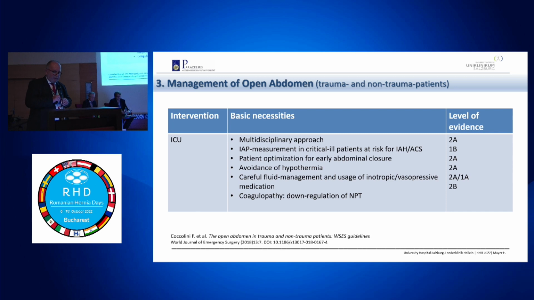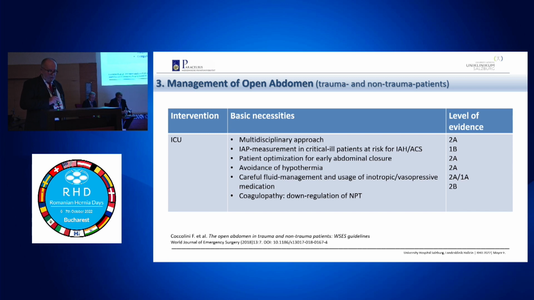Management of open abdomen is mainly due to the possibilities you have to treat this patient on an ICU. This means these patients definitely need multidisciplinary approach, IAP measurement, optimization on many fields of intensive care treatment.